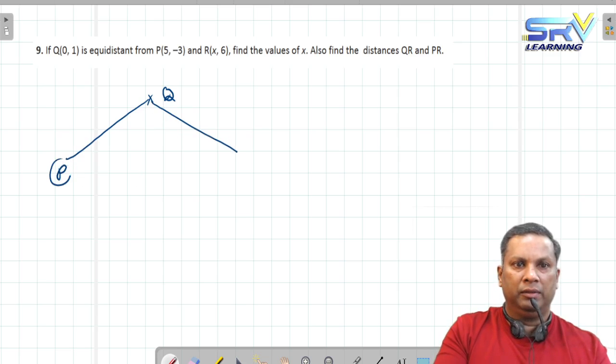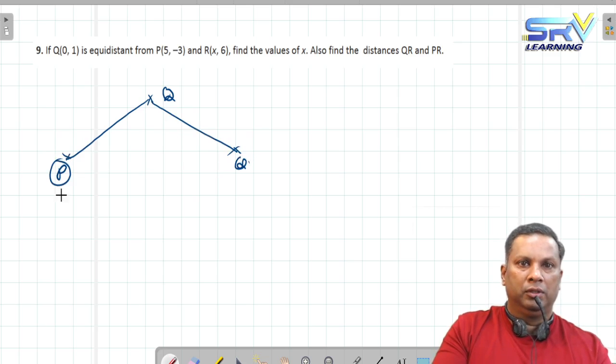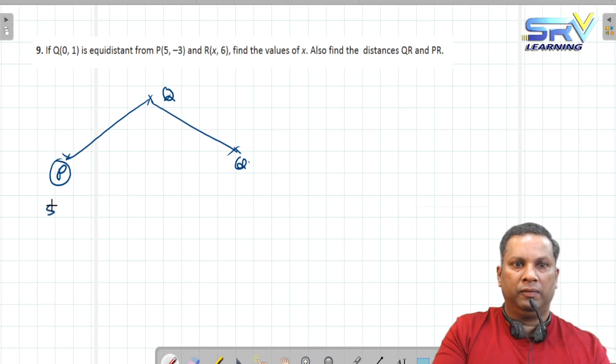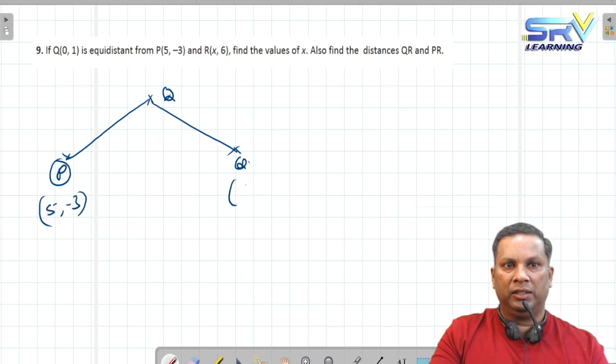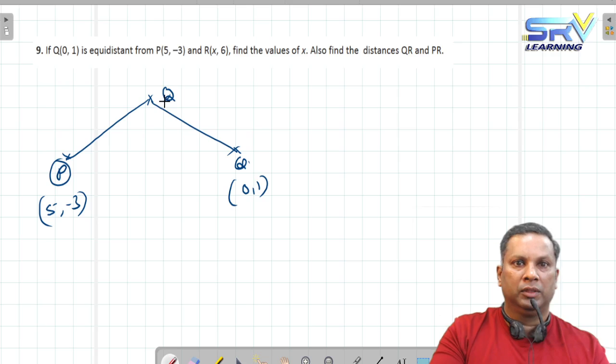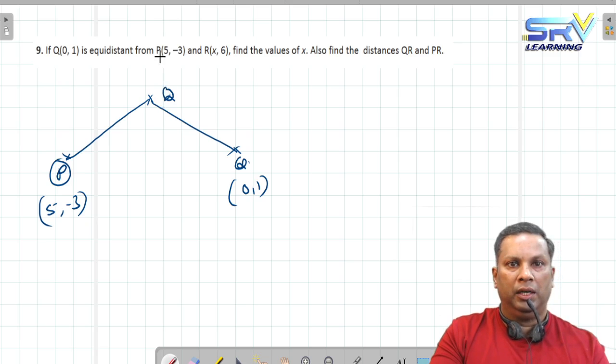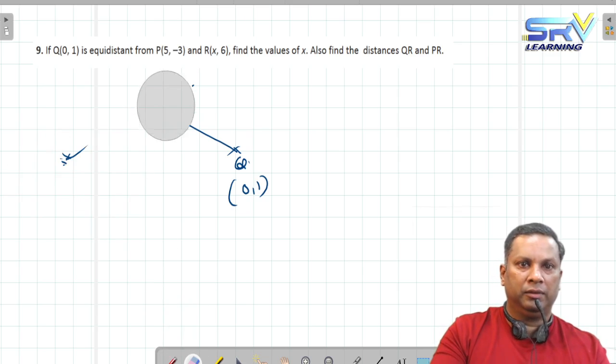So ये है P और ये है Q. ठीक है? So coordinates of P are given as 5, minus 3, and coordinates of Q are given as 0, 1. Q is equidistant from P and R, so we will correct it.